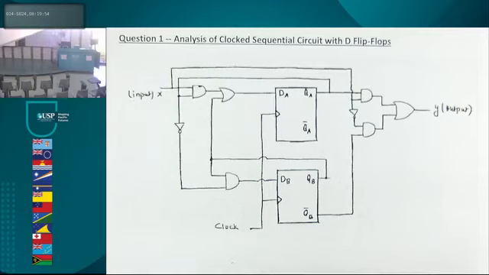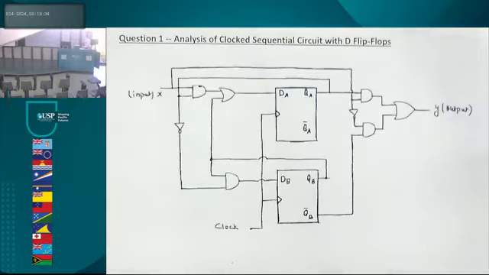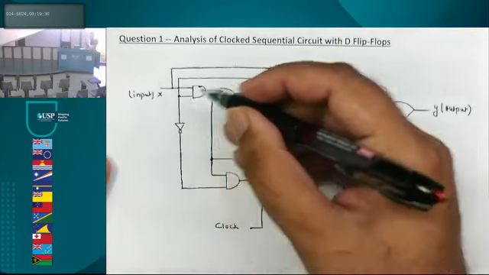Each D flip-flop has only one input, so step 1 is to find the equations for the flip-flop inputs. This is what we did in the quiz, though the question in the quiz was different, heavy duty. This is an easier problem.